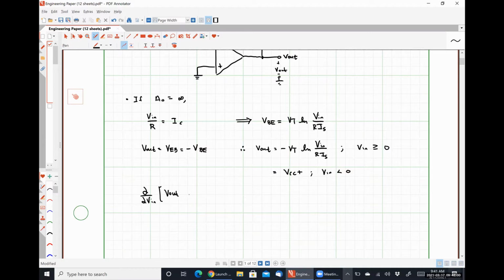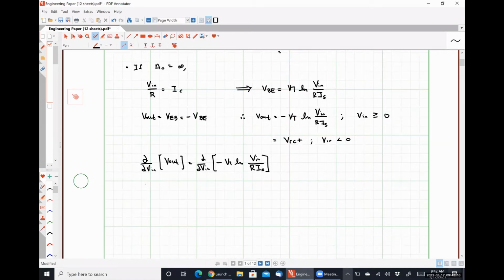So V out will be equal to the derivative with respect to the input voltage of negative VT natural log Vn over R times Is.